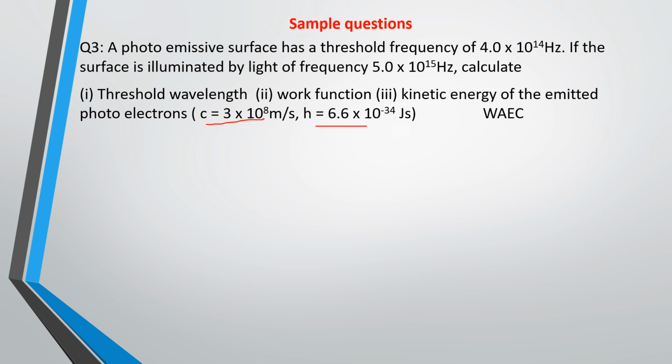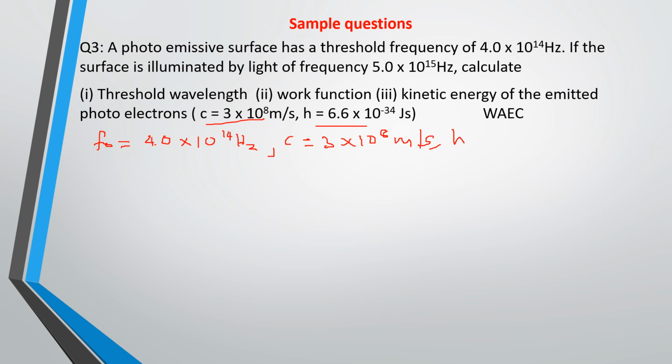In this particular question, I want you to look at the variables that we are given. Here you are given a threshold frequency F0, which is 4.0 times 10 raised to power 14 hertz. You are given the velocity of light to be 3 times 10 raised to power 8 meters per second.